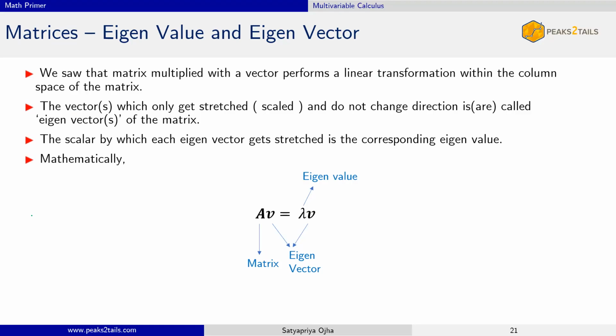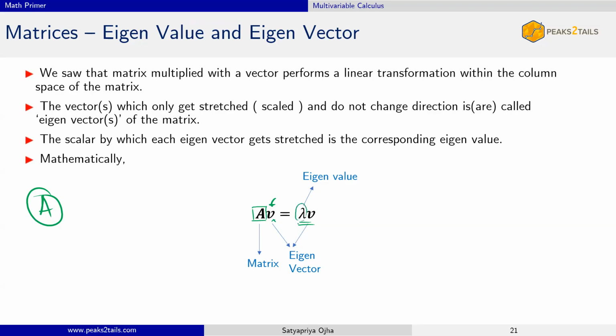Okay, now we want to know that given a matrix A, what is the vector that only gets scaled? If you multiply this matrix to a vector, it scales that vector.